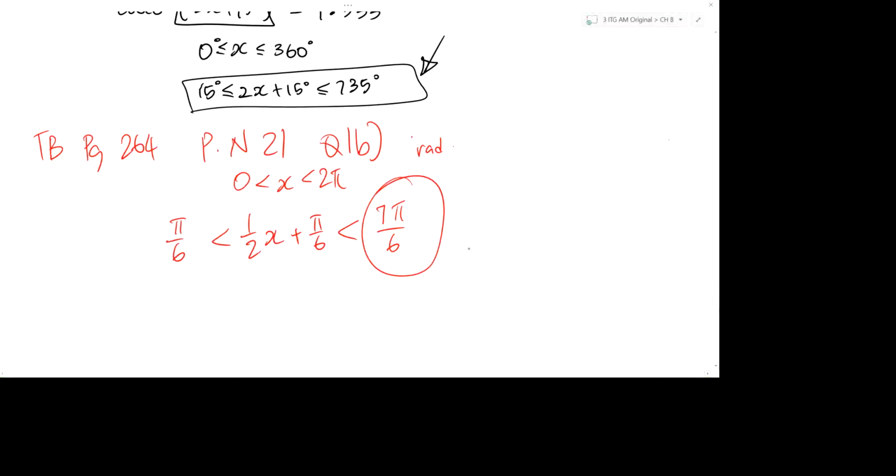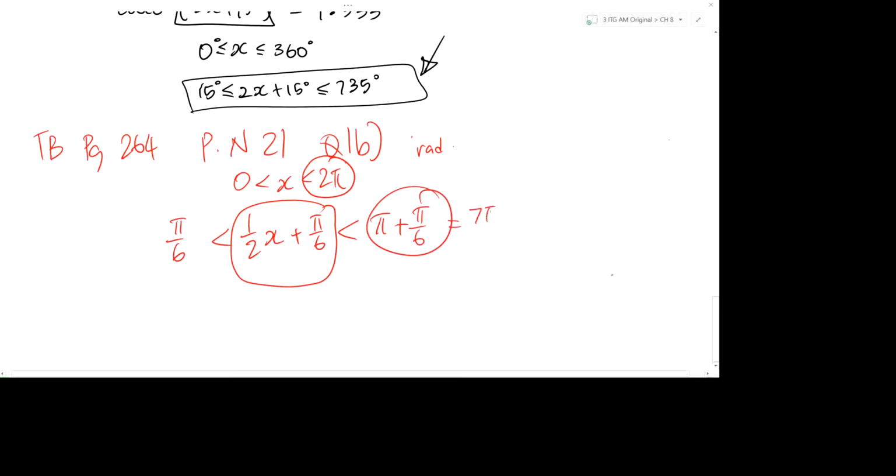Yes? The 7 pi over 6, is it? Okay. What is the largest value of x? 2 pi. What is the largest value of half x? What is the largest value of half x plus pi over 6? Pi plus, which is? So now you know the range.